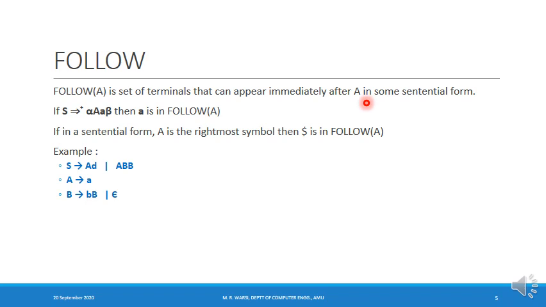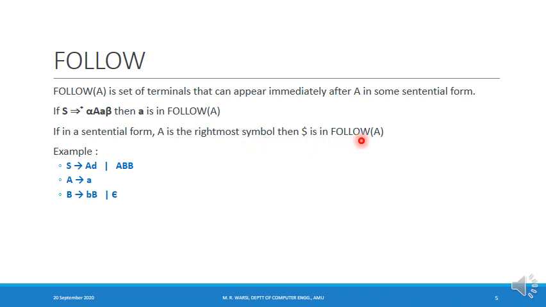So let us say from the starting symbol capital S, if we are deriving the string in 0 or more steps of the derivation, alpha, capital A, small a, beta. In this sentential form, small a is immediately after capital A, so small a will be there in the follow of capital A. If in some sentential form, capital A is the rightmost symbol, then dollar will also be added to the follow of capital A.